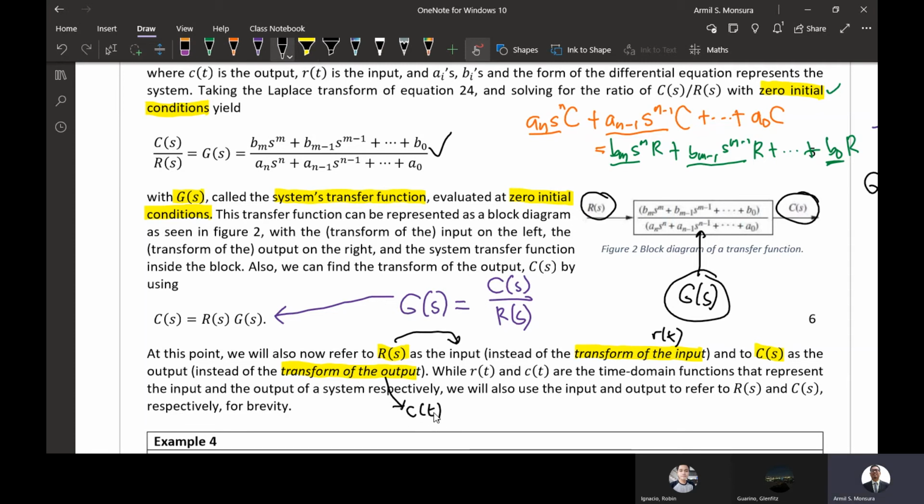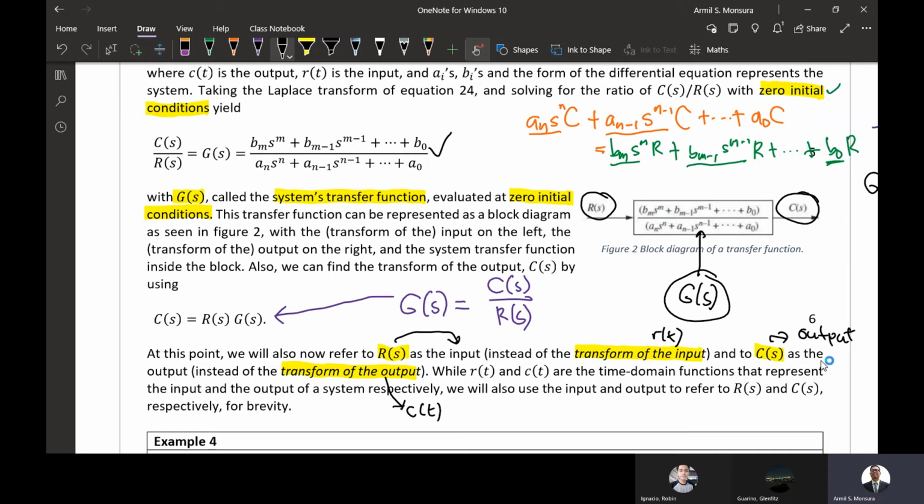So, yung transform ng C of T is C of S. Okay? And again, katulad ng logic na gagamitin natin sa R of S, we will still refer to C of S as your output. Okay? Provided na nagkakaintindihan tayo na kapag kailangan nyo talaga ng output signal, then that should be C of T. So, kailangan natin kunin yung inverse nung C of S to get C of T.